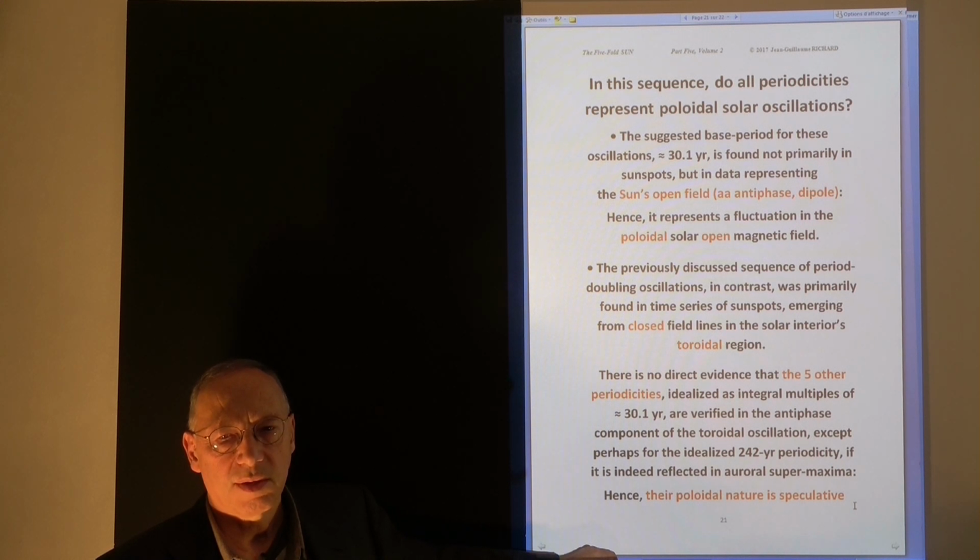The exception is perhaps the 242-year periodicity as the idealized length of the spectral peak found between 227 years and 268 years, because it seems to be reflected in the epochs of supermaxima of the aurora borealis, which is also a manifestation of the sun's open field. But overall, that this entire set, this entire sequence reflects poloidal oscillations remains a speculative assertion.